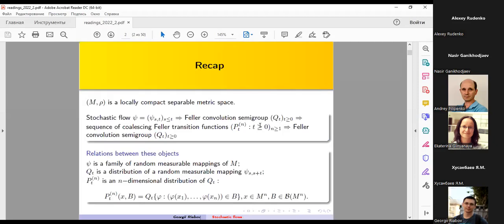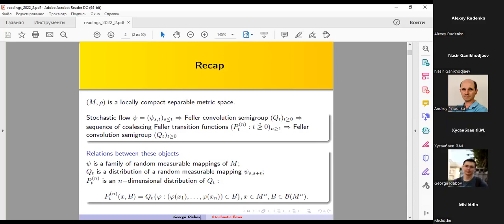Last time we worked in a locally compact separable metric space, and we considered three objects: a stochastic flow. To a stochastic flow, we associated a Feller convolution semigroup. To it, we associated a sequence of coalescing Feller transition functions, and then we came back.